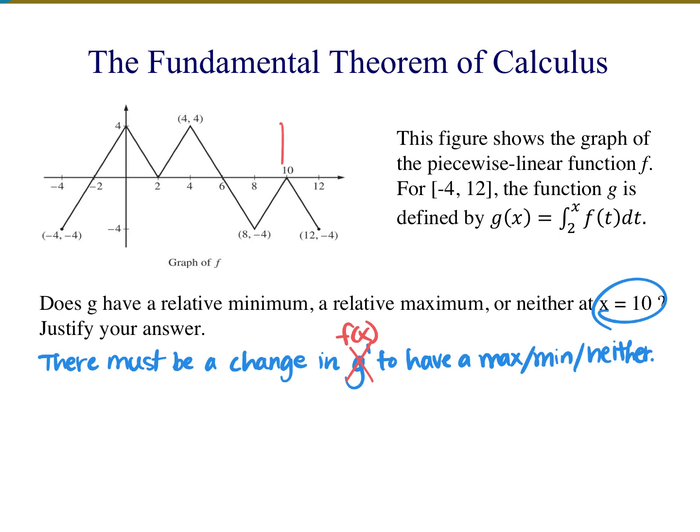All right, so now we look at what's going on at 10. And there is no change in the nature of f of x at 10. It's negative and then staying negative.